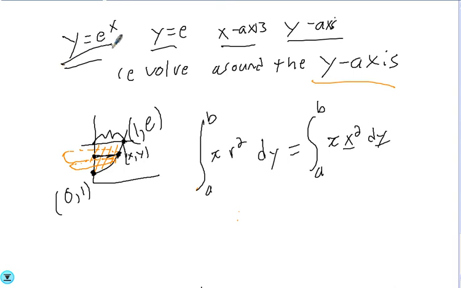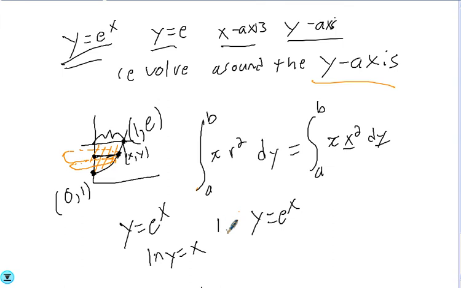If you remember your log properties, you can very easily turn this into natural log of y equals x. If you don't remember that, you can take this function and take the logarithm of both sides, so I get natural log of y equals natural log of e to the x.